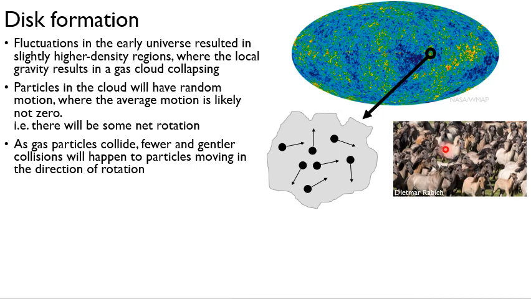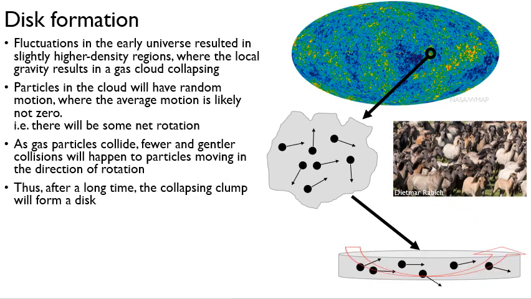So as time goes on, you're going to have fewer collisions and gentler collisions, and things are going to start to orbit in the same sort of way. After a long time, your overdensity of gas is going to wind up being something in a disk shape that is rotating.